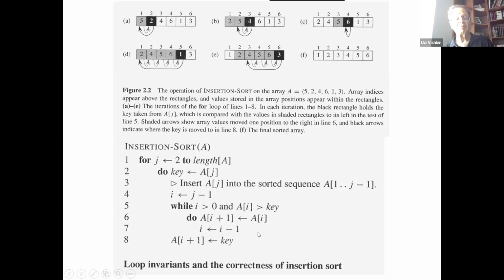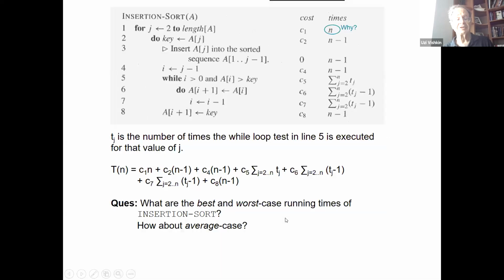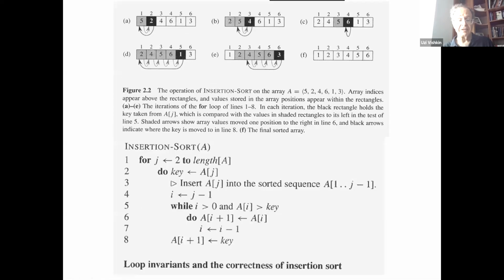And then I stop and I exchange it with the key. So that's the insertion sort algorithm.